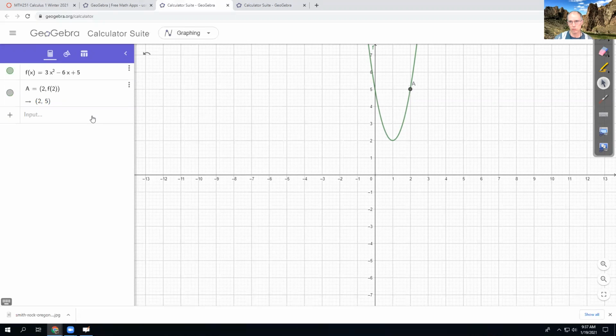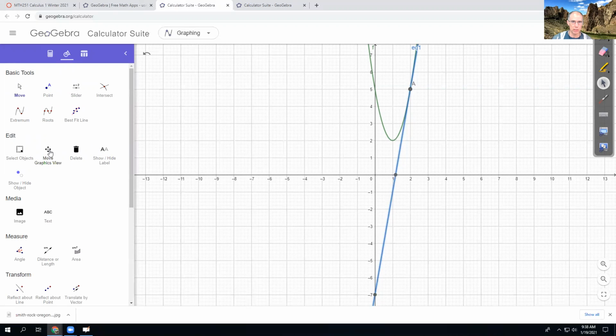And then let's drop the tangent line and see if it looks okay. If the tangent line is askew through that point or misses the point, then something went wrong. So y minus 5 equals 6 times x minus 2. And that looks pretty nice. Let us play around zooming in a little bit.